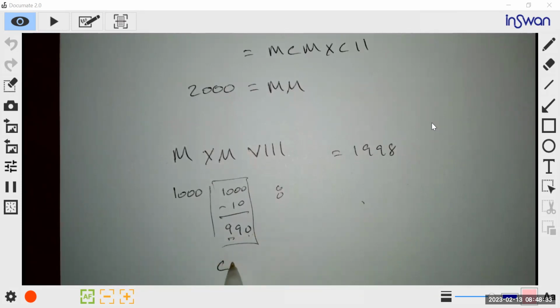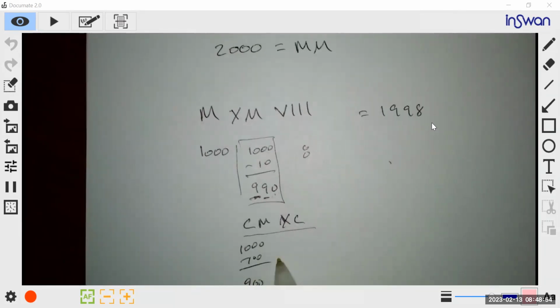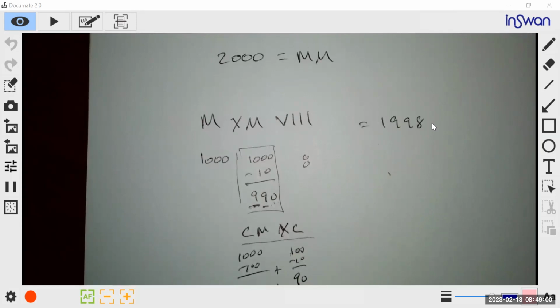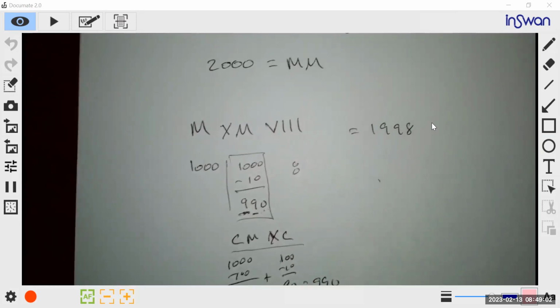That could be CM, that's for the 900. 90 is XC. So that's 1,000 minus 100, which is 900. 100 minus 10, which is 90. Add these together, you get 990.